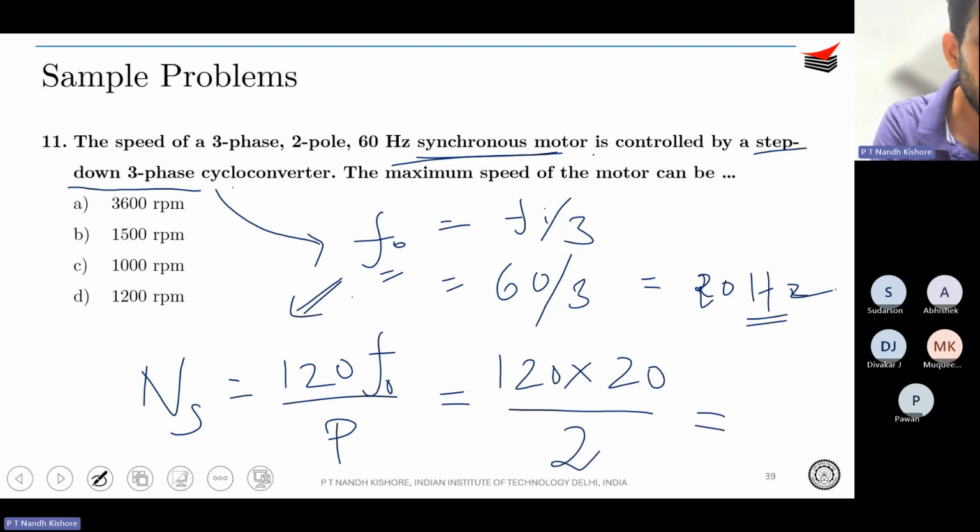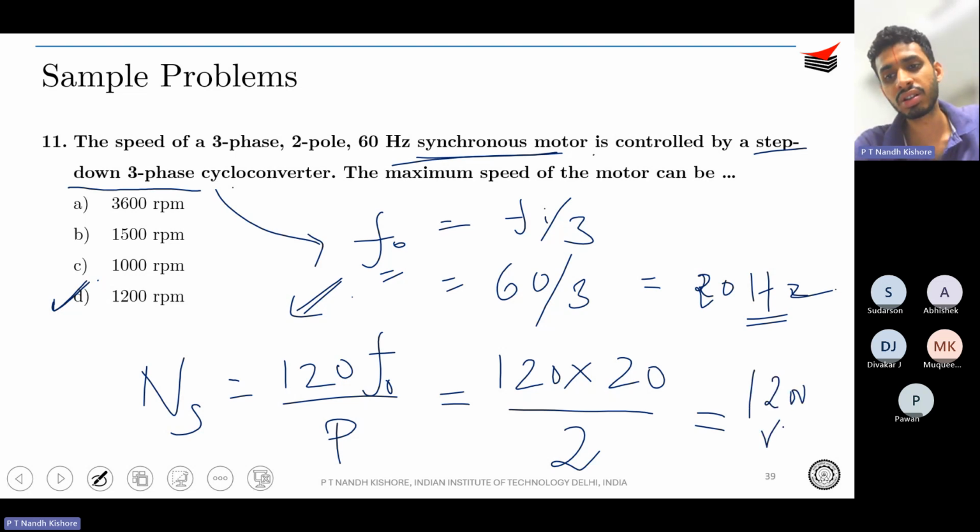So you're going to end up with 1200 RPM. Got it? You have a three-phase two-pole 60 hertz synchronous motor controlled by the cycloconverter. So the cycloconverter is stepping down the frequency by 3 times. Therefore, your synchronous speed is also down by 3. Okay, it's 1200.